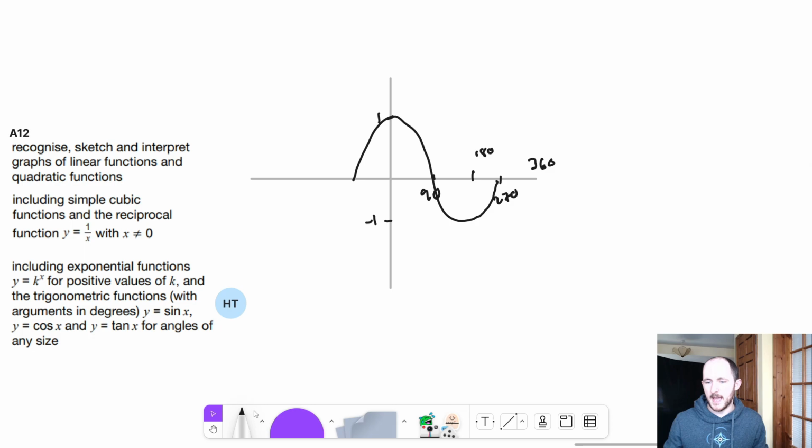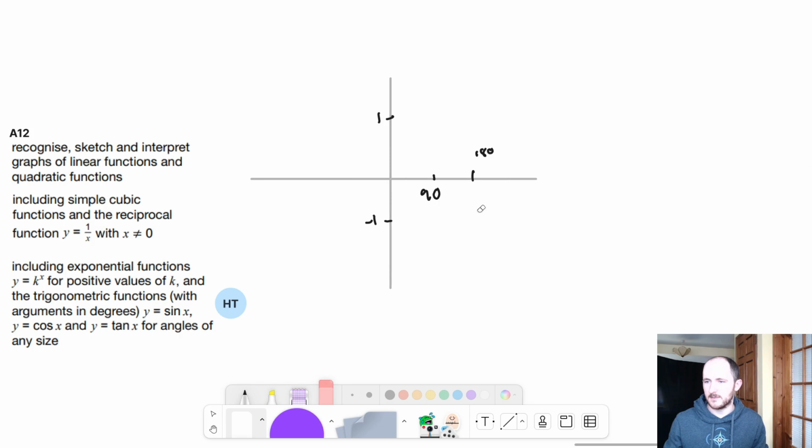And if you are doing the tan function, this is where it looks very different indeed. I'm just going to try not to rub out my axes accidentally. The tan function looks kind of like the cubic one, but it repeats continuously. So just to show you what it looks like, I'm going to start from the negatives, even though you don't have to. It looks kind of like this.